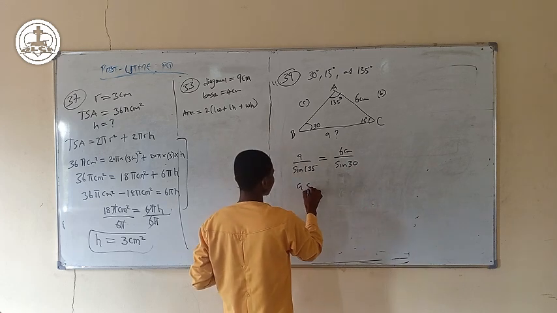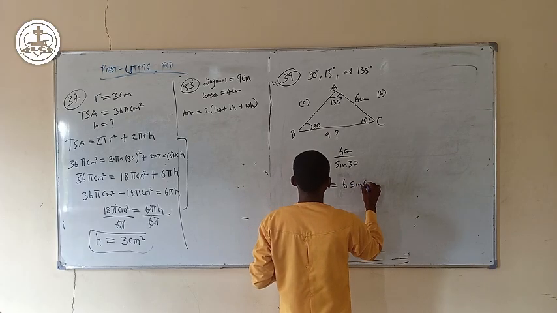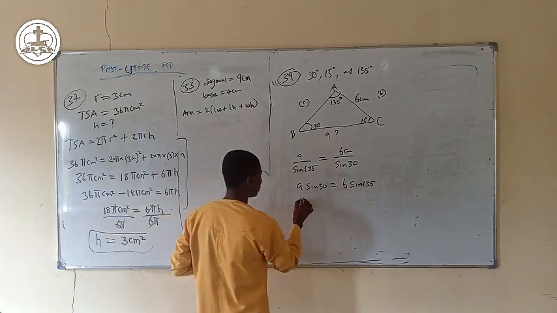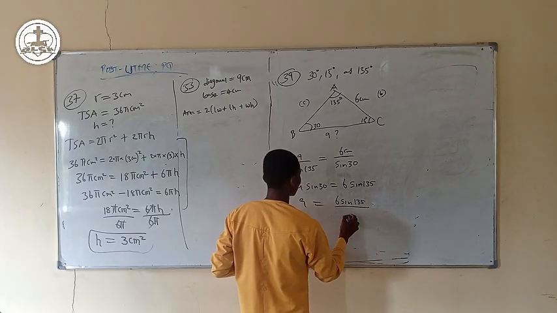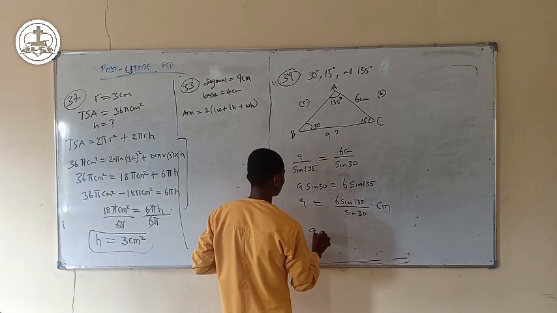So a sine 30 is equal to 6 sine 135. So our a will be 6 sine 135 over sine 30 centimeters.